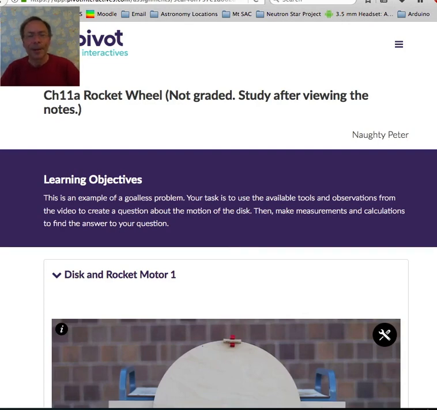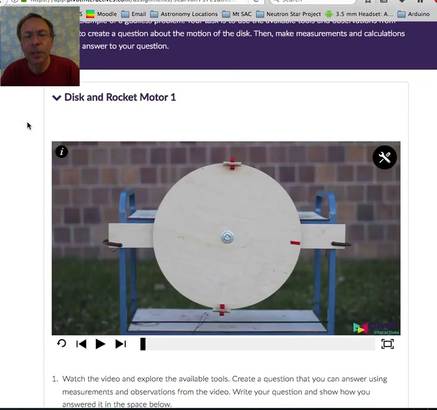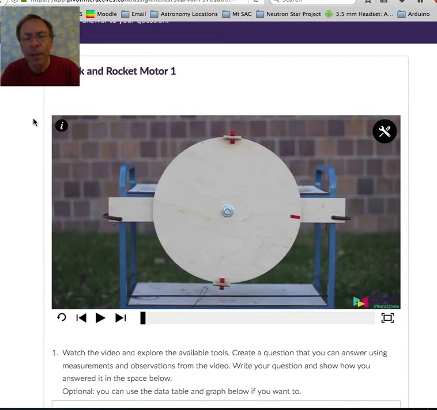Sorry to come back to bother you, but there is something I want you to do. After looking at the videos, I need you to take a look at the Pivot Interactives Lab, Chapter 11A. I'm not going to grade it, but this is a great example of the vector cross product.